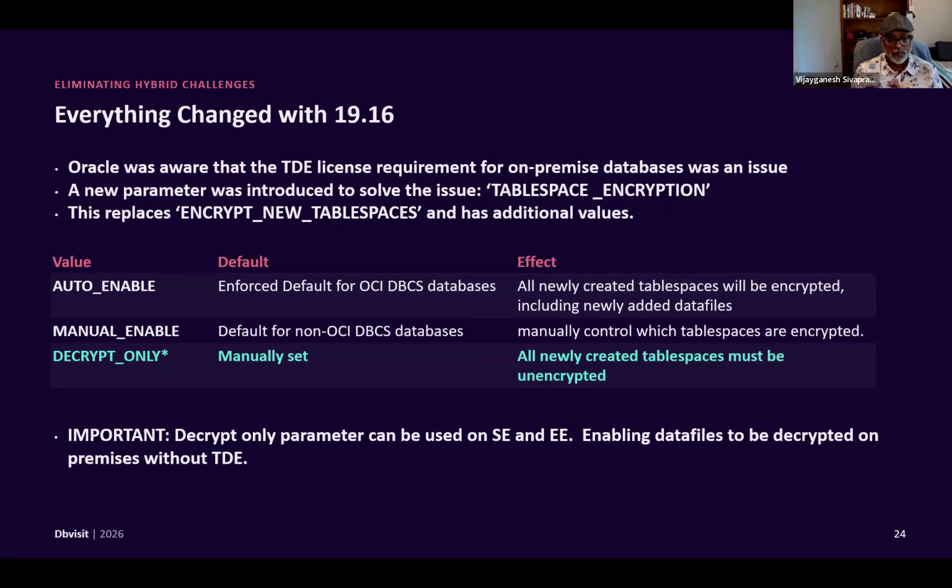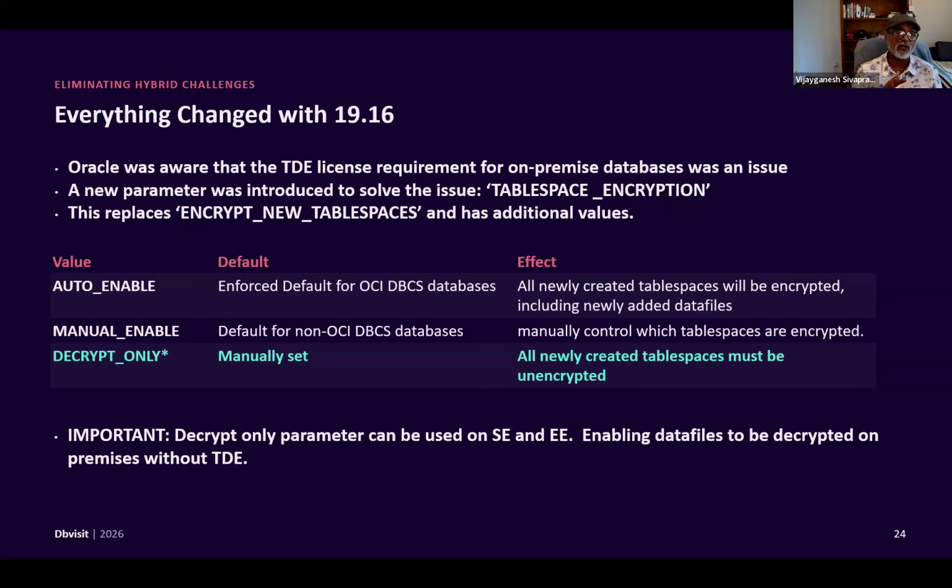The tablespace encryption parameter can take three values. First, auto enable, which is enforced by default in your OCI environment. You cannot change this parameter in OCI. It has to be auto enable, and any new tablespace created on a primary in OCI will be encrypted by default.